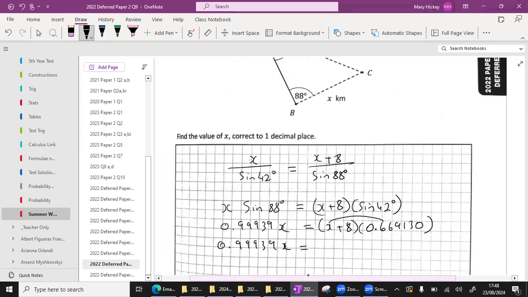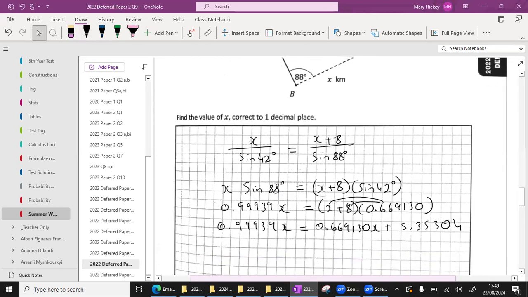So you're multiplying X by that figure, so 0.669130X. You are also multiplying 8 by that figure. So I'm going to multiply 8 by 0.669130, and that's 5.35304, etc.